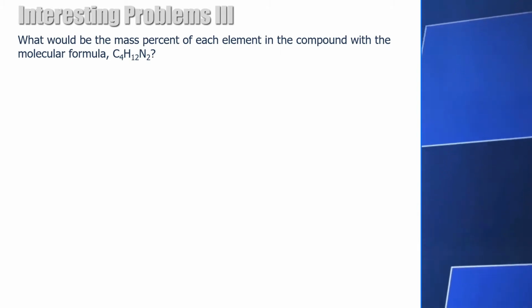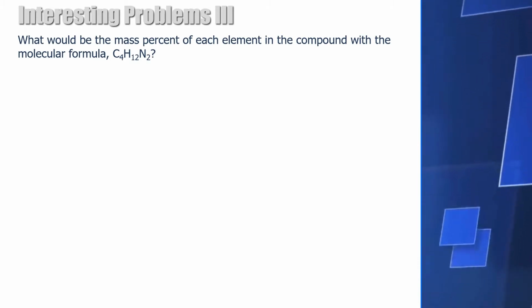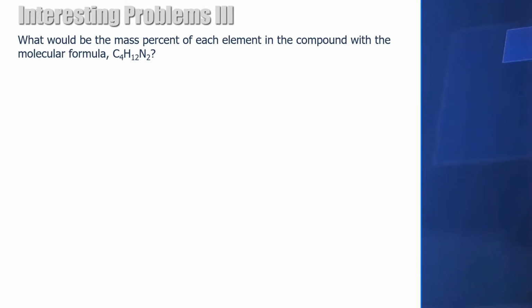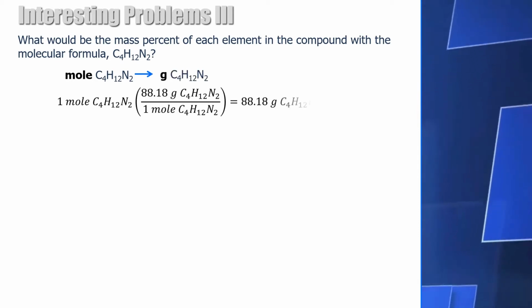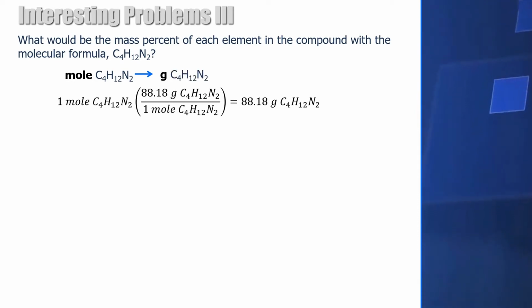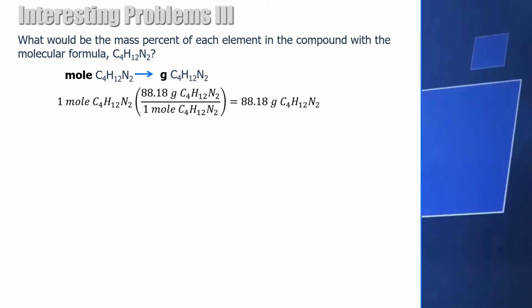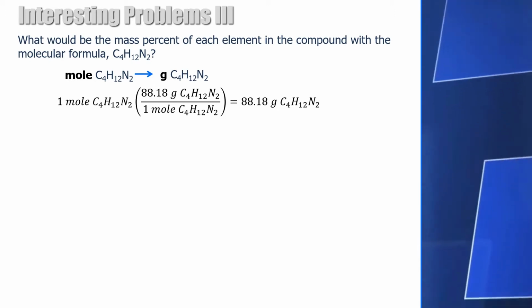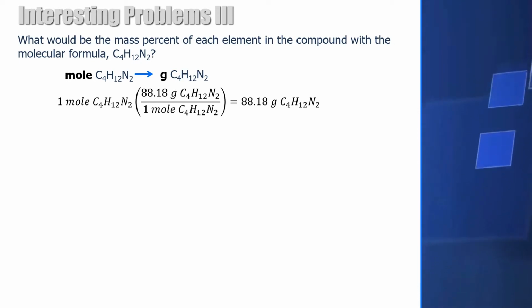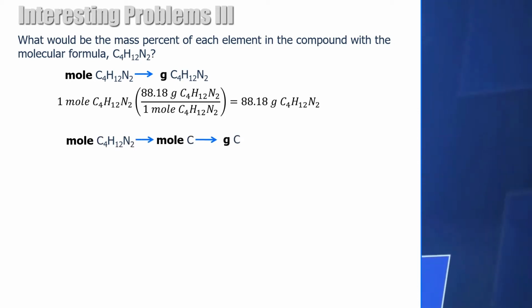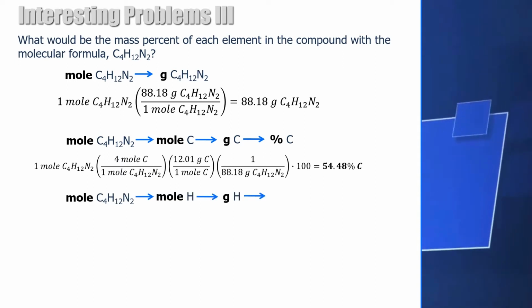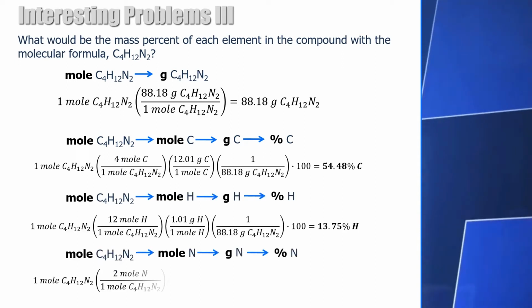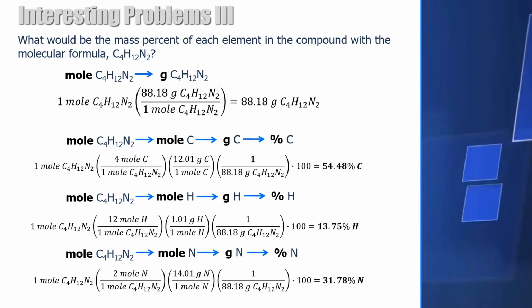Now, to get the percentages from the molecular formula, we need not only the mass of each element, but also the mass of the total molecule as well. To do this problem, we assume we have 1 mole of the compound. We now know we can easily get to the total mass of the compound by simply multiplying 1 mole of the compound times the molar mass of the compound. Again, starting with 1 mole of the compound, we use the subscripts on the molecular formula to get the mole-to-mole ratio of each element.